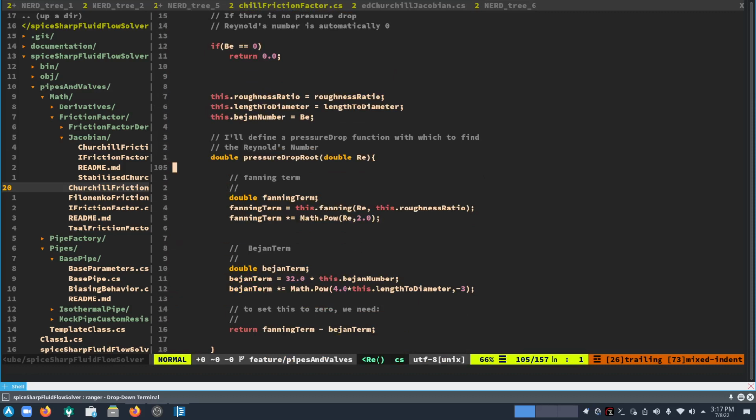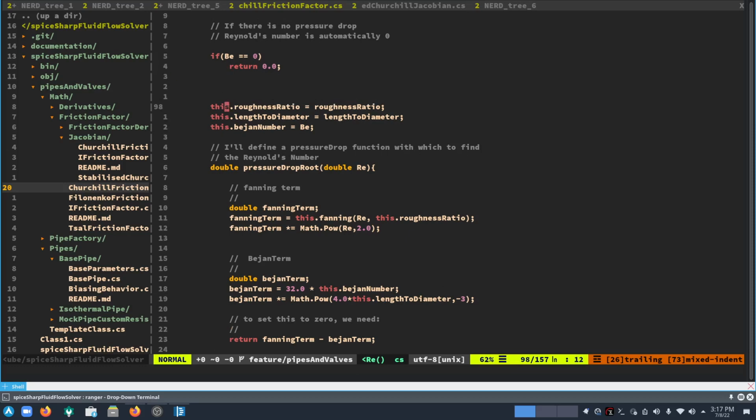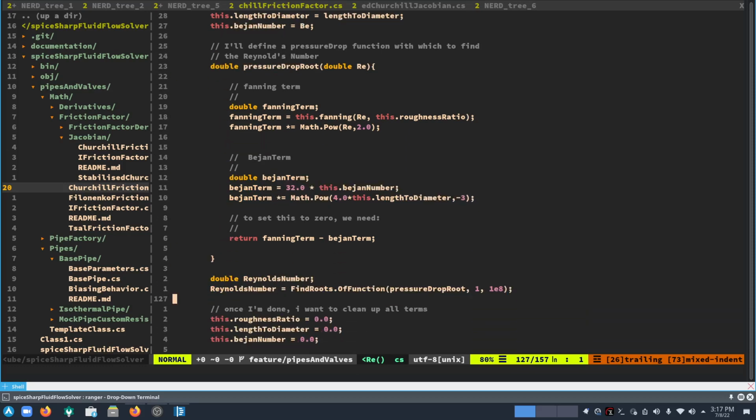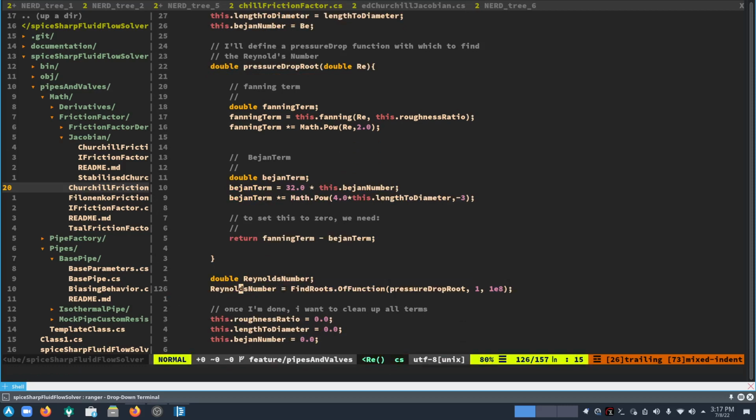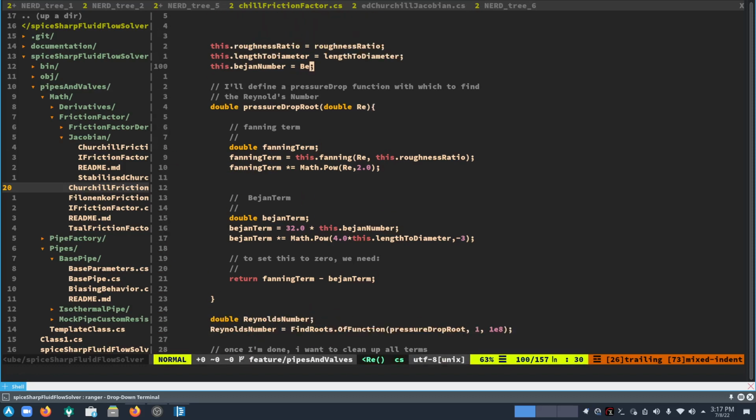So we have a pressure drop root function, and I'm going to use a root finder. This is actually within the MathNet library. You just use the find roots of function. You just apply a function and it will try to find the root.